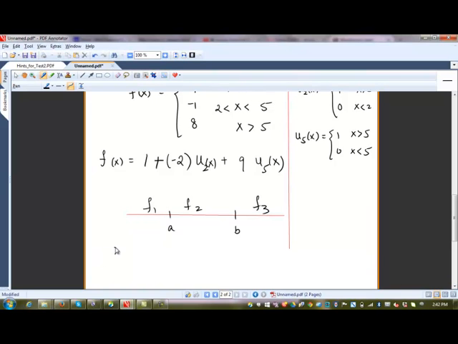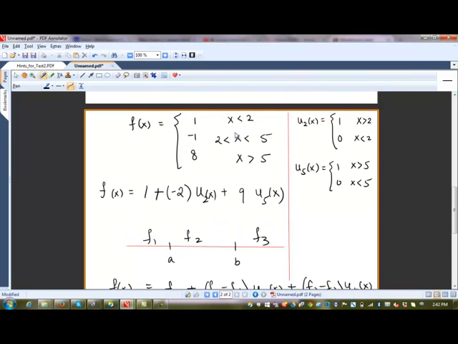Then my f(x) is f1 plus (f2 minus f1) times Ua(x) plus (f3 minus f2) times Ub(x). So you use this idea and generalize it into a formula. But the idea is exactly the same when both the switches are off.